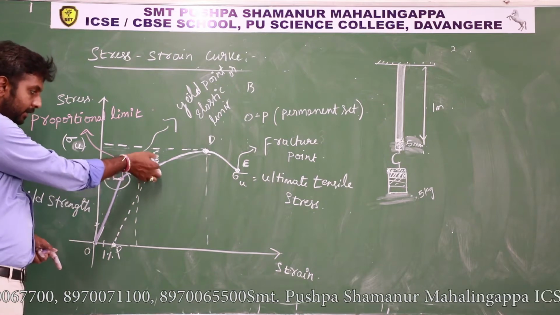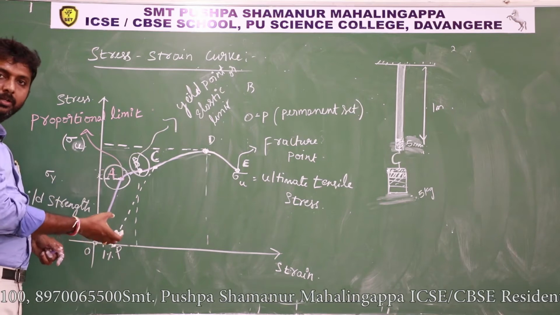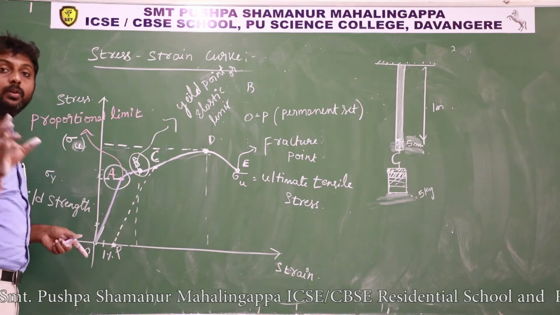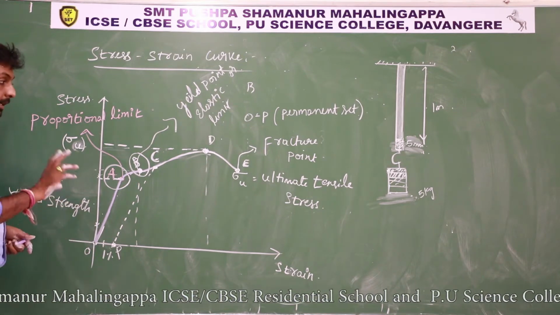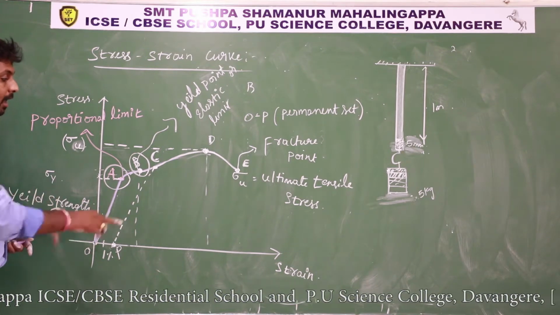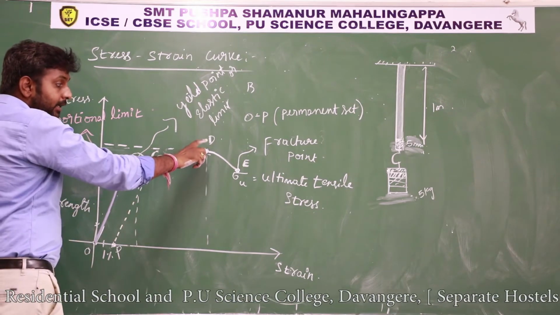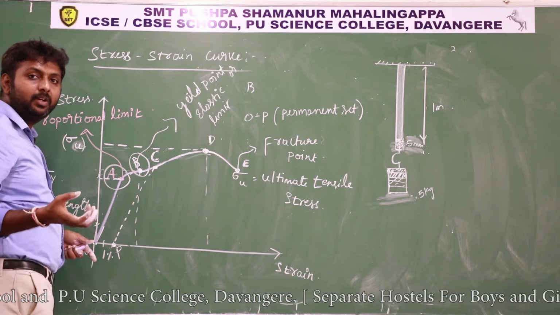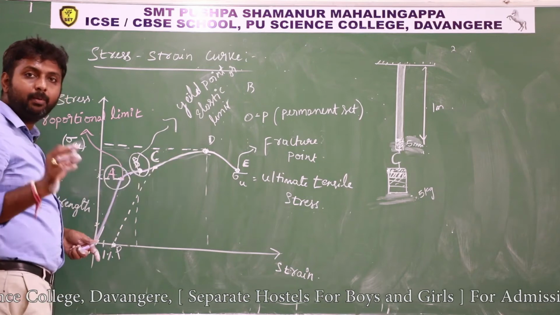From B to D, even for a small stress, the strain produced is very large. After point B, wherever you remove the load, the wire or rod will not regain its original length. It will not restore its original length. That deformation is called plastic deformation. At point D it attains maximum stress, which you can call the breaking stress, or you can call this point the breaking point.